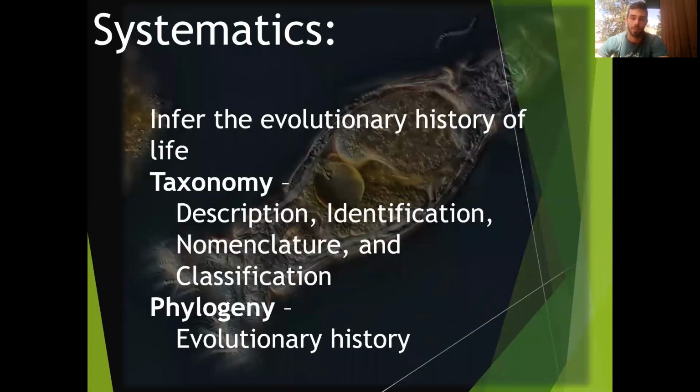So the study of systematics is trying to infer that phylogenetic tree and understand how all these things interwork and relate to one another. And a big part of systematics is understanding what taxonomy is and how things relate to one another.